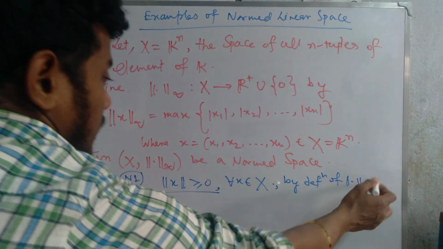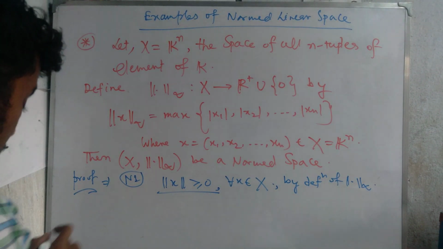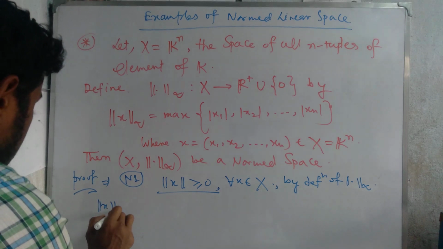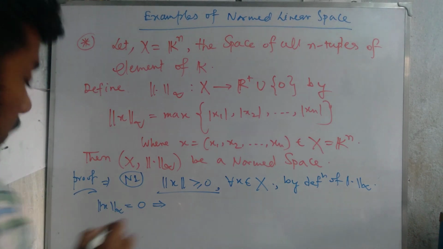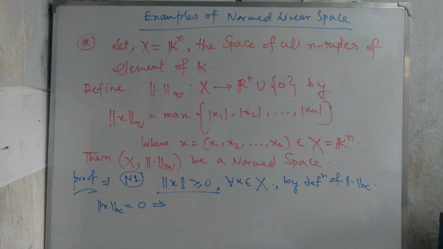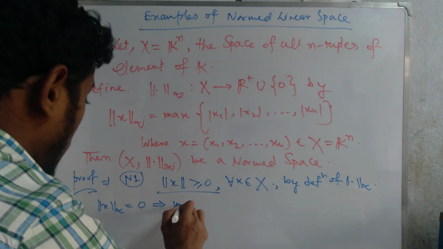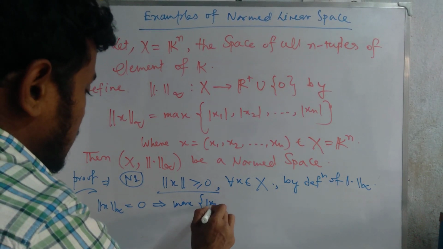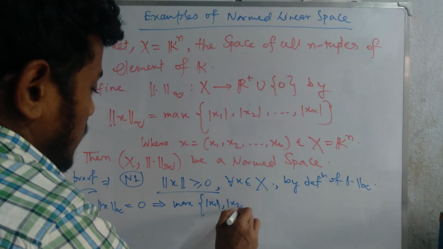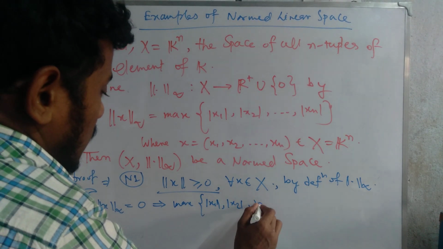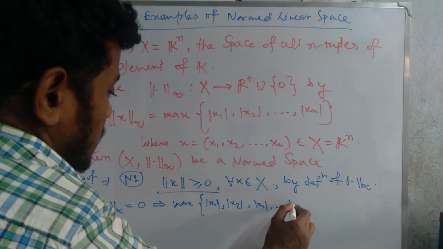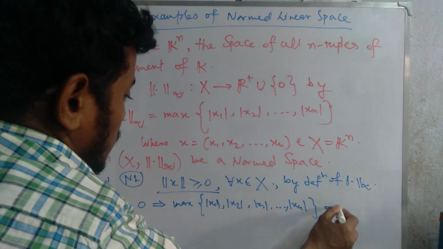Then we check norm x infinity equal to 0. This implies the maximum of mod x1, mod x2, dot dot dot, mod xn equal to 0.